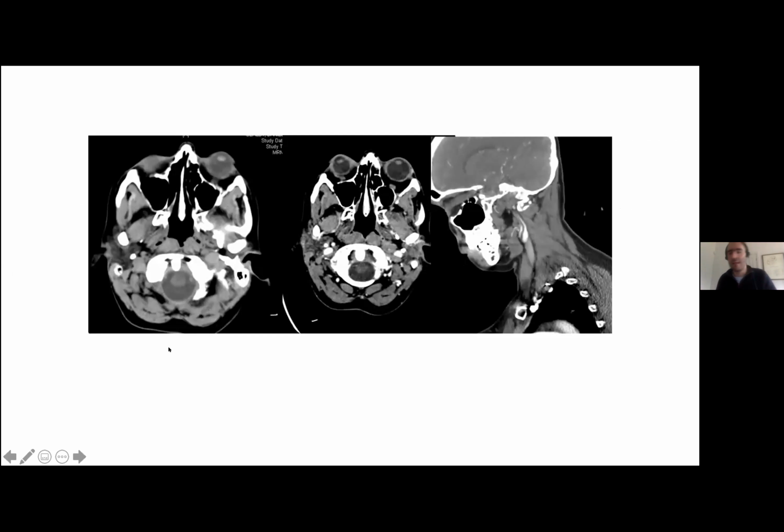This is a nice example. This was again this year. This was a young woman in her 30s, who presented with unequal pupils, and they thought that she was having a stroke. She presented to A&E, and she had a headache as well. So she ended up actually having a venogram.